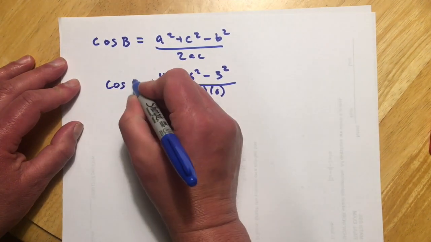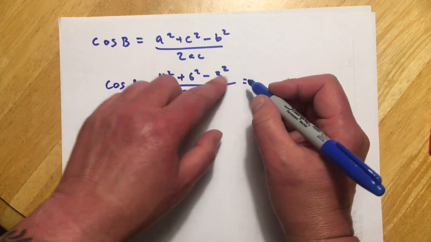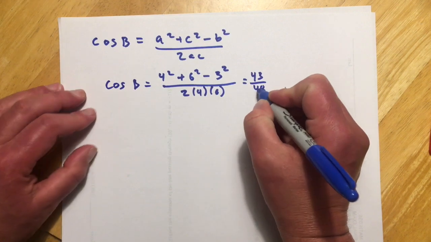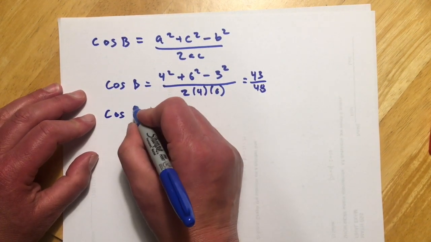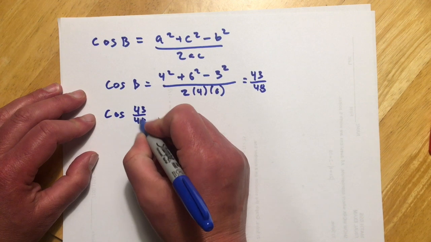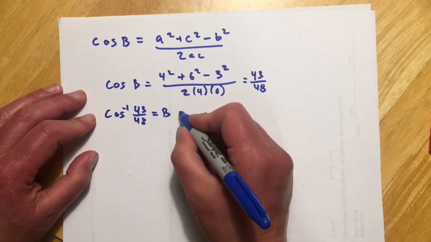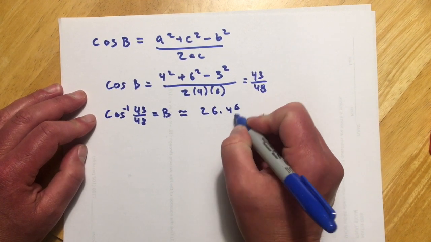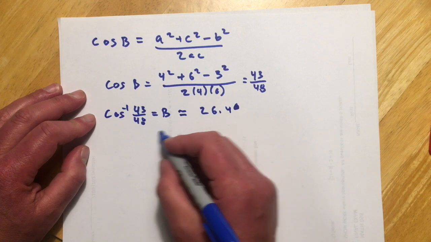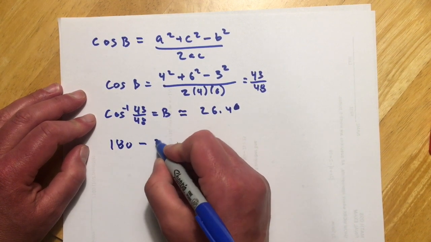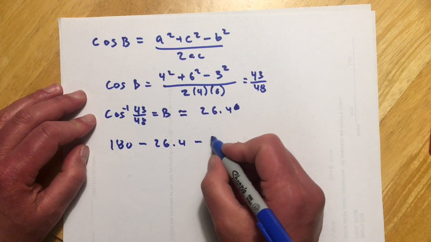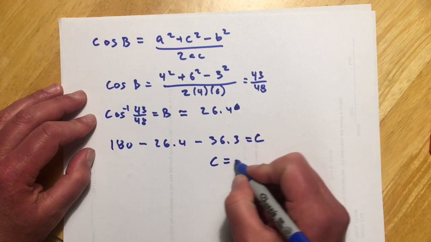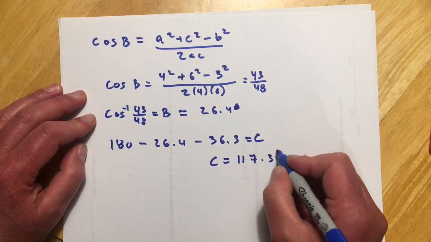Again, I squared these, took away this, and ended up at 43 over 48. So you can do inverse cosine of 43/48, and that gives me B as about 26.4 degrees. Once I have that, I can do 180 minus 26.4, and A was 36.3, and that will leave me C, and C comes out 117.3 degrees.